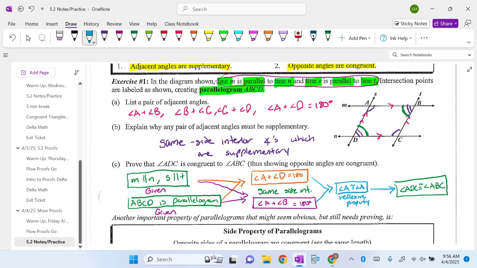Thus, that proves that angle D and angle B are congruent because the sum of the same angle.